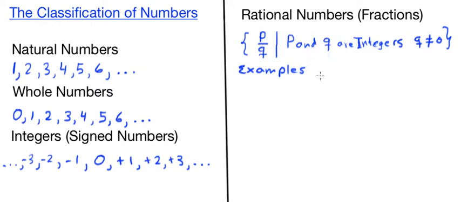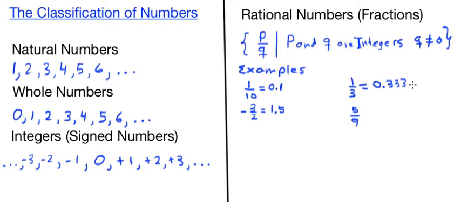Examples of rational numbers are 1 over 10, minus 3 over 2, 1/3, 5 over 9. 1 over 10 expressed as a decimal is the same as 0.1. 3 over 2 expressed as a decimal is the same as 1.5. 1/3 expressed as a decimal is the same as 0.333..., which is the same as 0.3 with a bar on top of the 3 to indicate that 3 repeats itself forever.